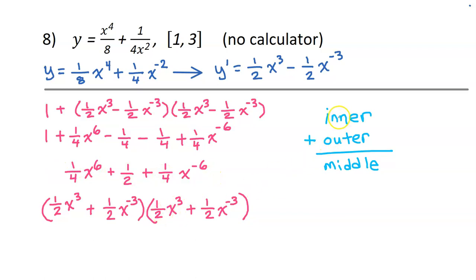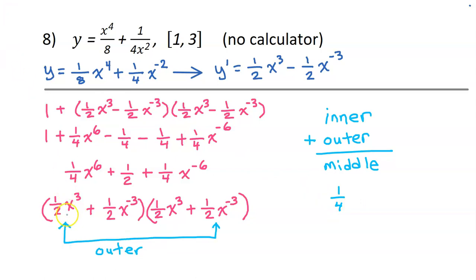To make sure that this binomial times itself really gives us this trinomial, we just need to check to make sure that the inner plus the outer is equal to the middle. When I say inner, I'm talking about the product of these two terms, and 1/2 x to the negative 3 times 1/2 x to the positive 3 is 1/4 x to the 0. Or we could just say 1/4.